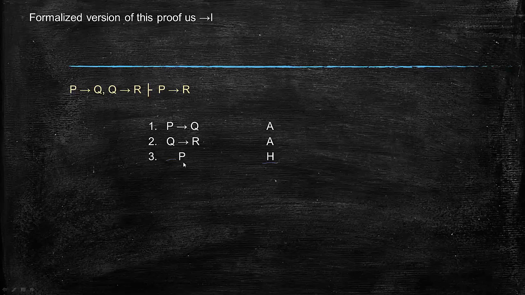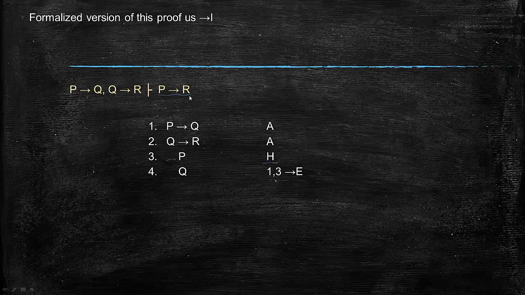We hypothesize P because we recognize that this is a conditional, and we only do conditional introduction when we're trying to prove something that is a conditional. We hypothesize P and we try to derive R. So we already know we can do this. We have the tools for doing this. And notice we stay indented.